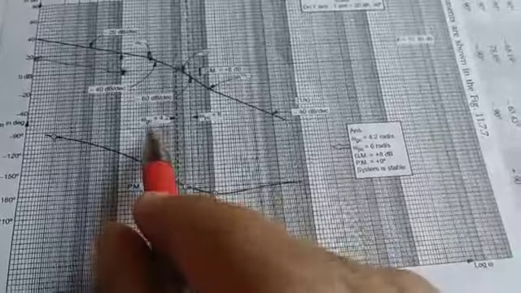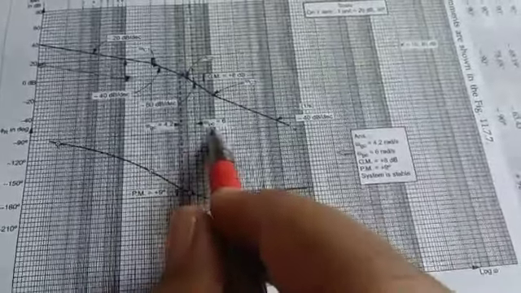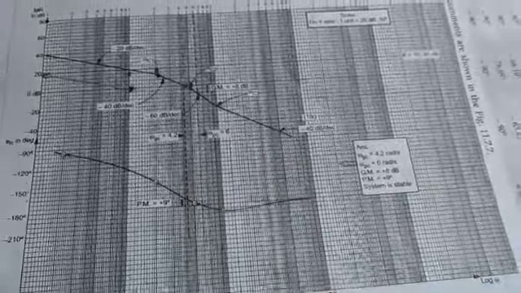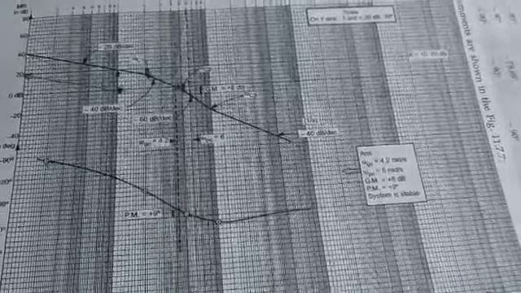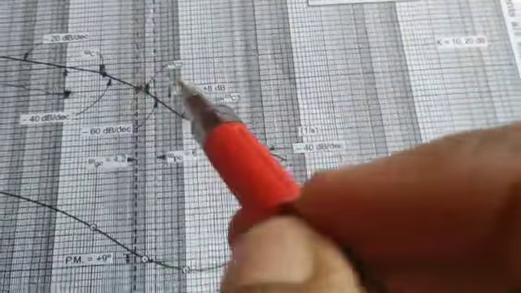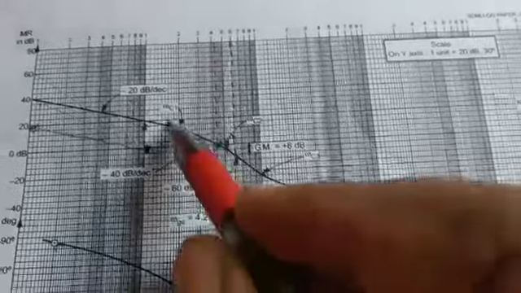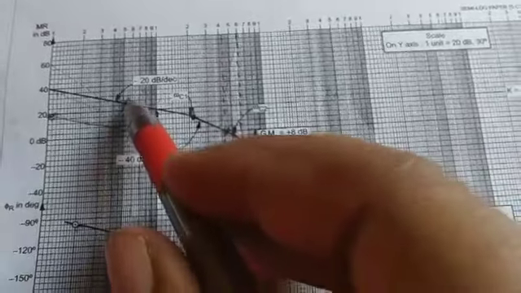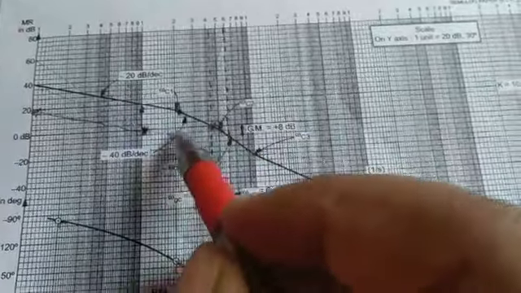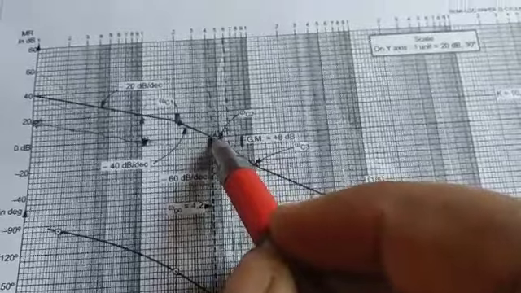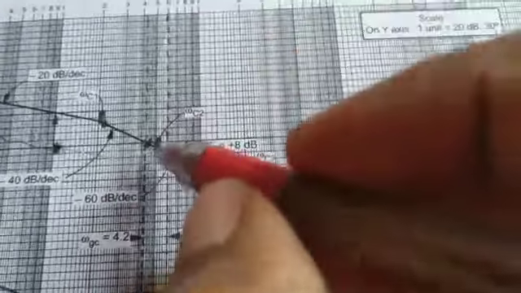How to mark the omega GC and omega PC, that is the gain crossover and phase crossover? You can see here this point, this line, the magnitude line and 0 dB. Stop here.